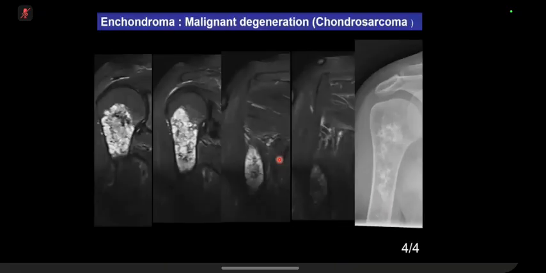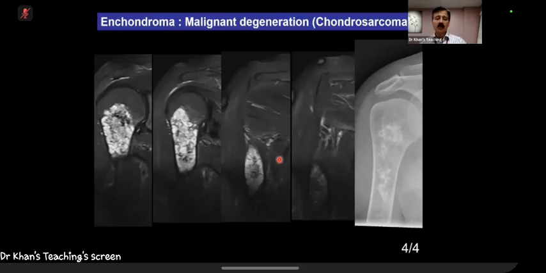MR. On this MR, I don't have any axial sequences to show you, but just to help you, look at this sagittal. This is lobulated cartilage, and a bit of calcification. Do you see this bit here, right? This is slightly different.